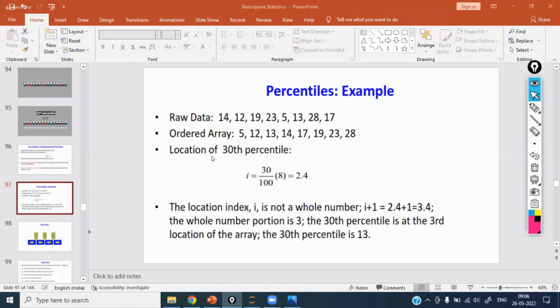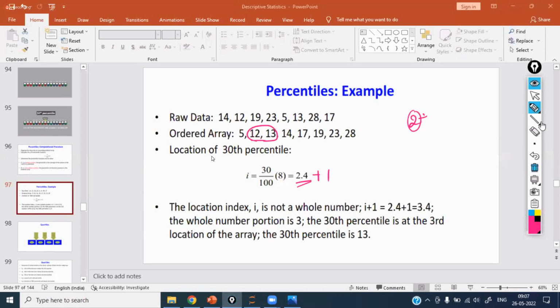After you get some value, whether it is a whole number or a decimal value, if it is a decimal, add plus 1. If you have got only 2, for example, then you take the average of the second position and third position.